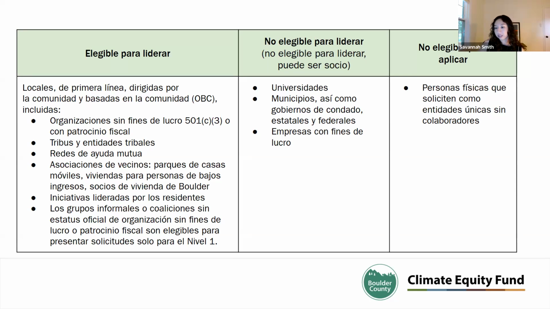These entities are welcome to partner with other lead organizations, but they aren't eligible to lead by themselves. Individuals applying as sole entities without collaborators are also not eligible to apply for this fund. So if you were thinking about installing solar panels or making other energy efficient improvements to your home, this fund wouldn't be a good fit for you.